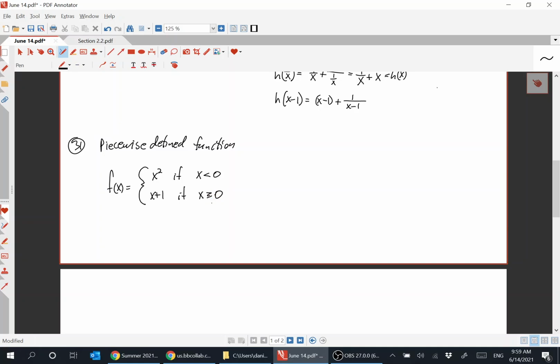So the domain of this function is all real numbers, because you can plug in whatever value for x that you want, either x less than 0 or x bigger than or equal to 0, and then the value of the function is a polynomial, and that's always defined. So the domain for this function is all real numbers. But they take the domain and they cut it into two pieces: negative values of x and non-negative values of x.